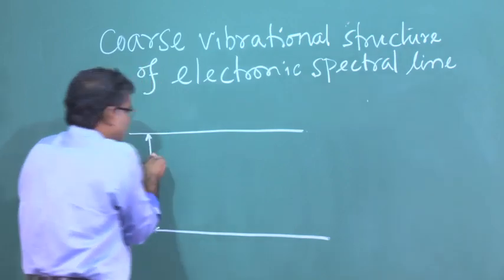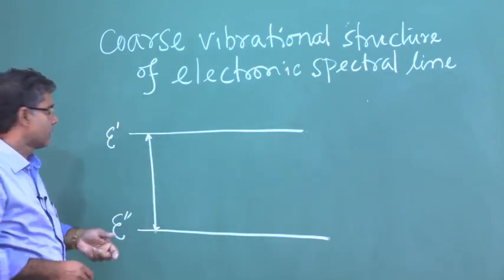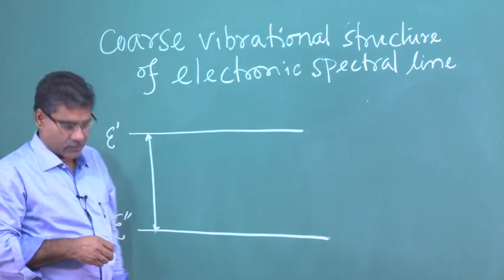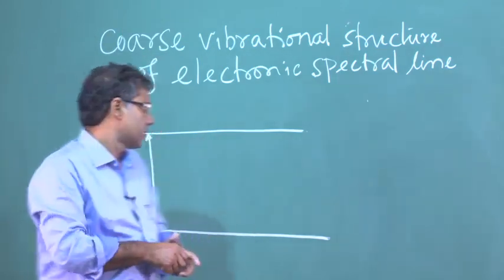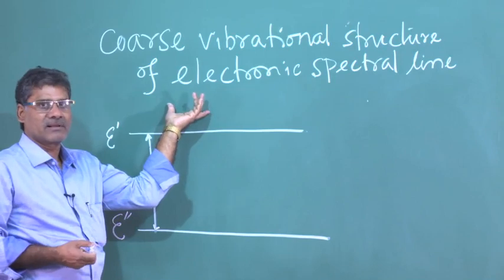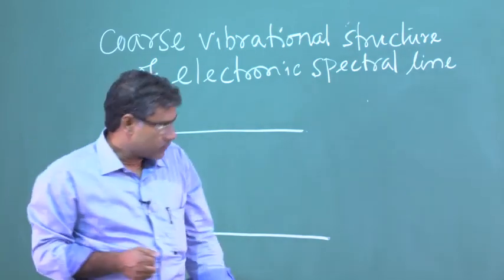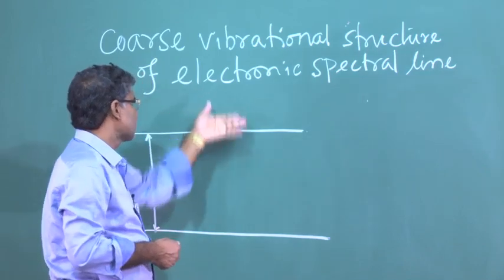So, you will get spectral lines. Okay. So, transitions among the other electronic energy levels, you will get electronic spectral lines.